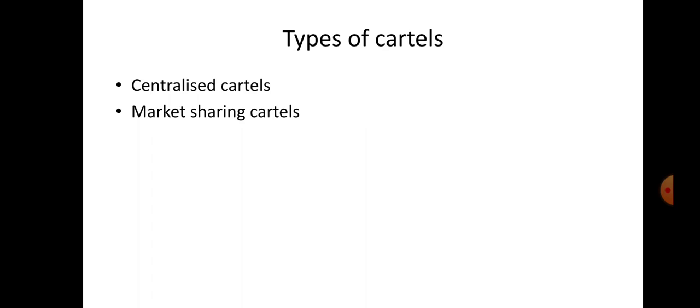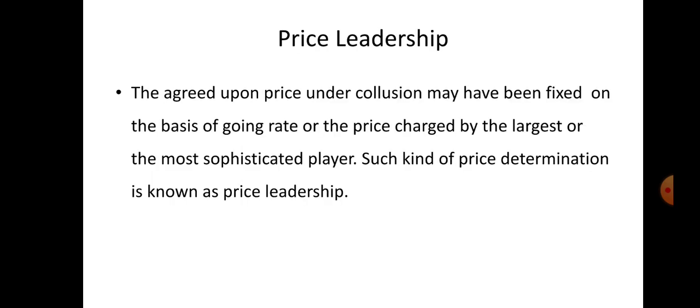Types of cartels are centralized cartels and market sharing cartels, like for example the stock market. It will have a central control as well as market control.